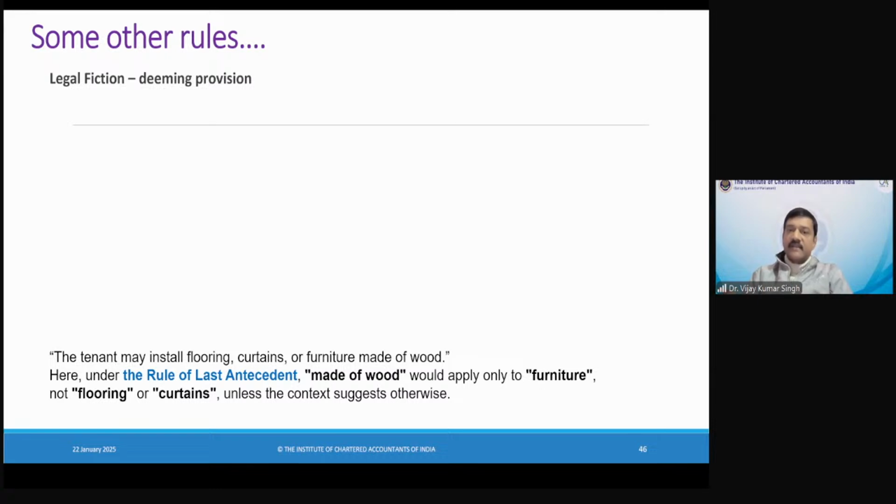In the Competition Act, in the combination provision, if the commission does not pass the combination decision within 200 days, it is deemed to be approved, right? So this is a legal fiction which is created. Similarly, the legal fiction of an artificial entity is also created. That is also a legal fiction. So these have to be interpreted accordingly.